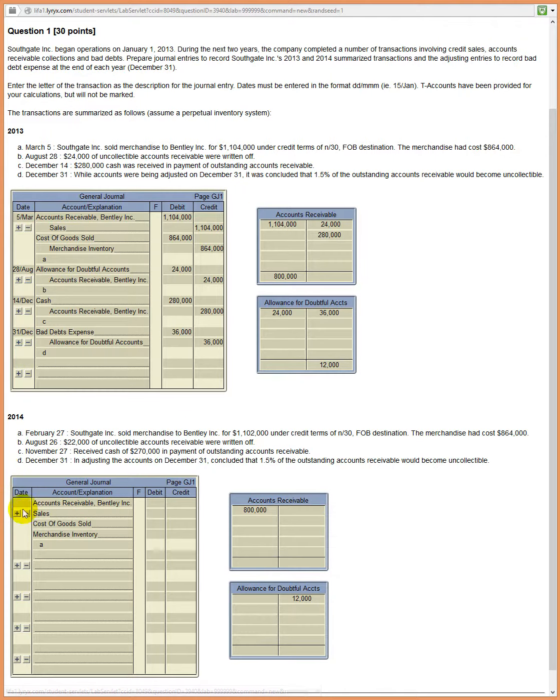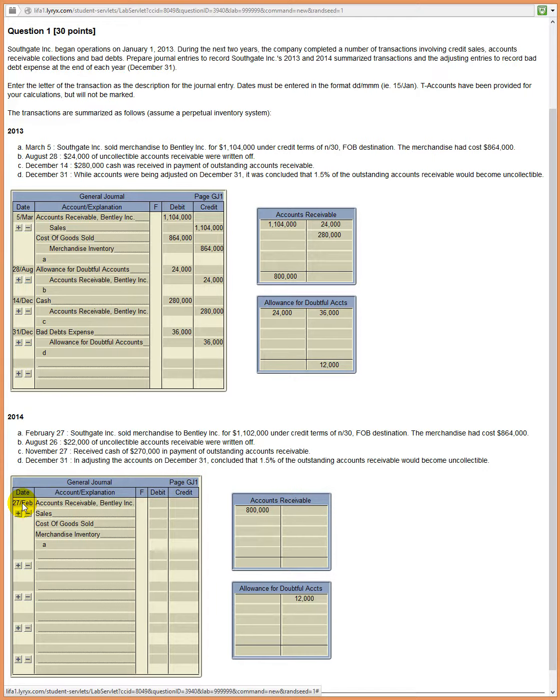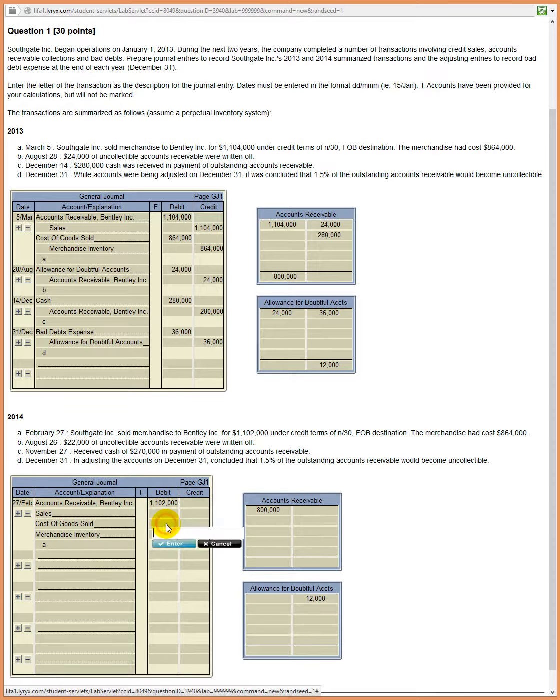And that is the 27th of February that happened. Okay, the amount of the sale this time is 1,102,000. And the cost of goods sold is 864,000, which is actually the same. So I suppose we could have dragged that down already from the top as well.